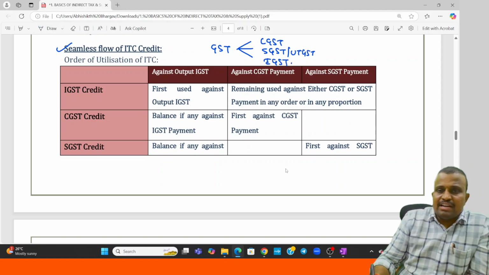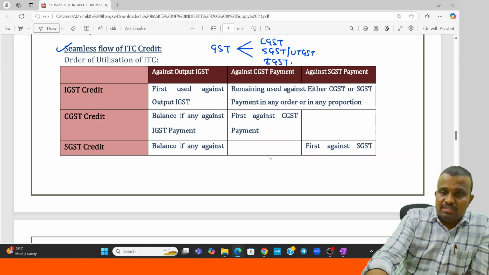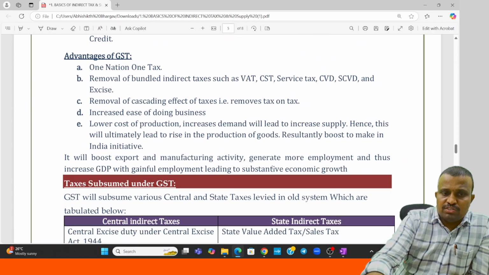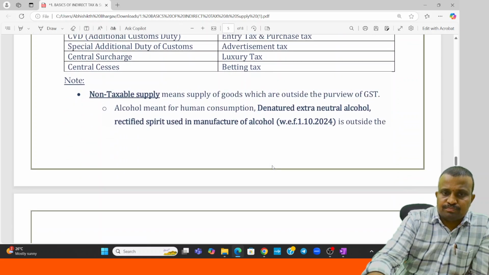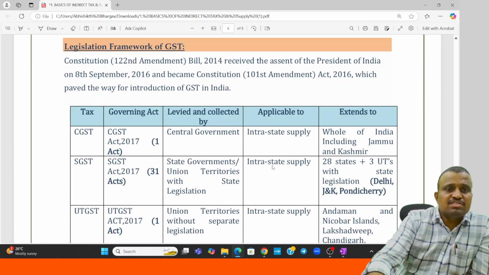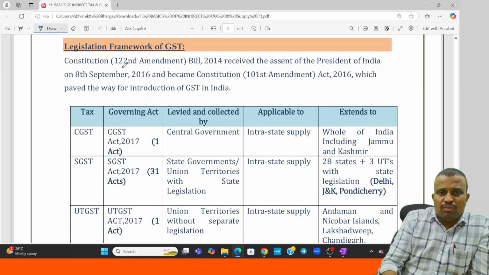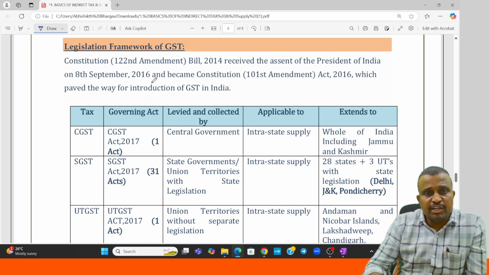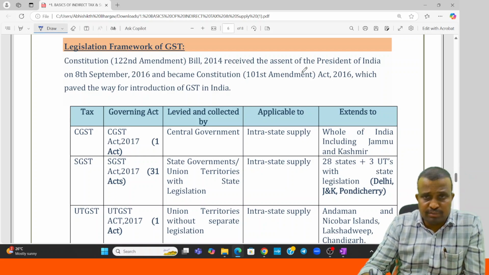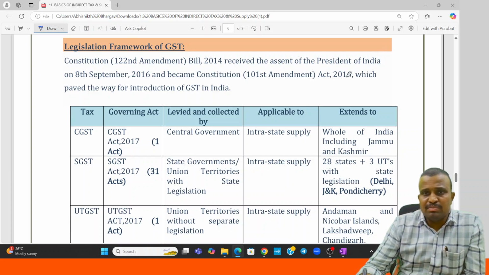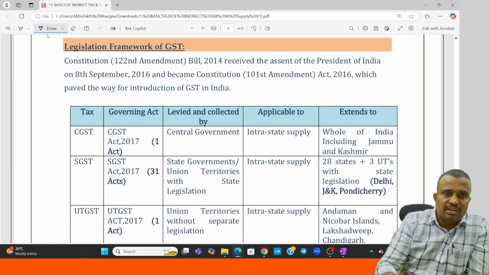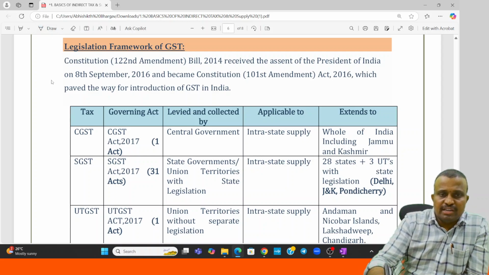Before discussing the ITC structure, first we'll discuss the constitutional provisions relating to the GST legislation framework. The Constitution 122nd Amendment Bill 2014 received the assent of the President of India and became the Constitution 101st Amendment Act 2016, which paved the way for introducing GST in India.